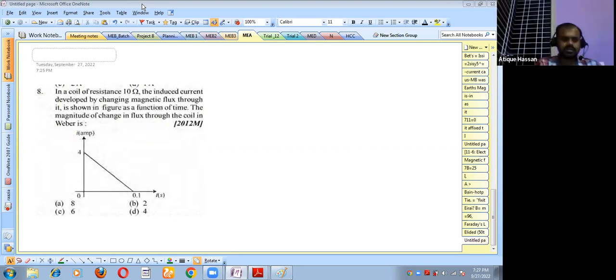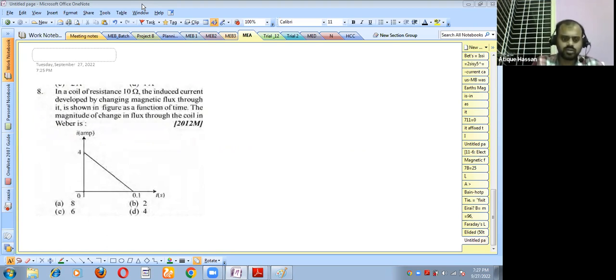In this question, in a coil of resistance 10 ohm, the induced current developed by the changing magnetic flux through it is shown in the figure as a function of time. So the current induced in the coil is given in the I versus t graph. Then we need the magnitude of the change in flux through the coil.